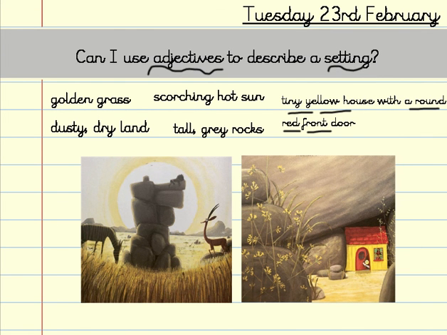Now, I'm going to reveal something for you, and you can see how close your description was to the one in the book. So pause the video and have a go at this before I reveal to you how the story starts. And then once you're finished, come back and listen to the start of the story. Okay, are you ready? Here we go.